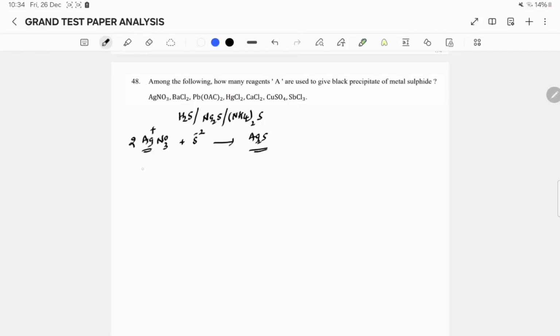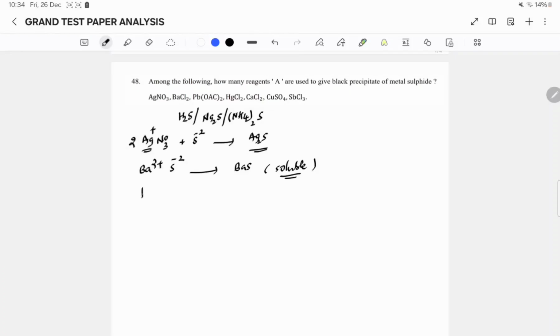Now similarly, if Ba plus 2 reacts with S minus 2, student, generally it will form barium sulfide, but it is a soluble compound. It is not formed as a black PPT.